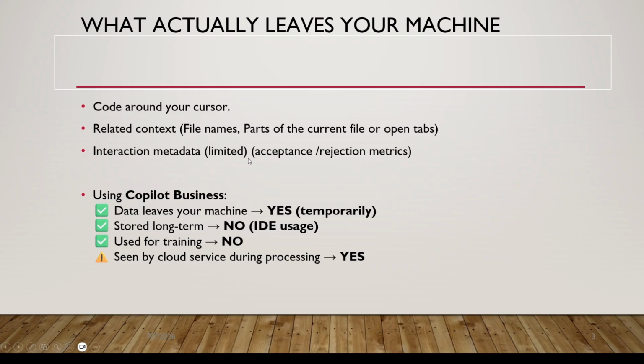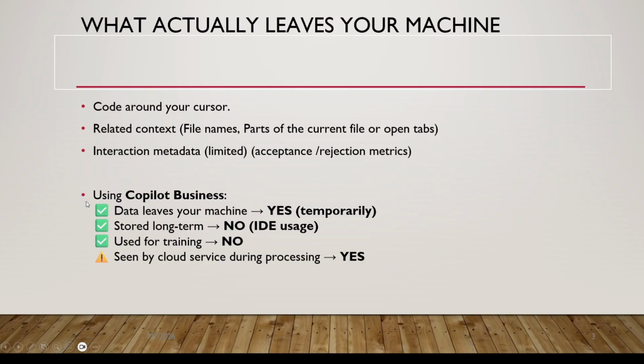GitHub also tracks a record of acceptance and rejection metrics, and based on that it can further provide you suggestions. This interaction metadata is very limited, for example how many lines of code we have accepted or rejected, and those metrics are sent to GitHub Copilot.